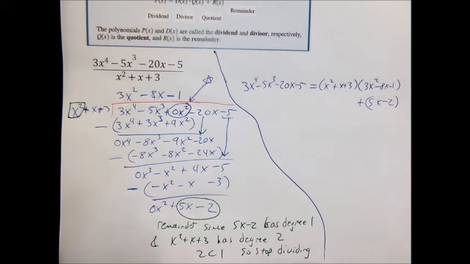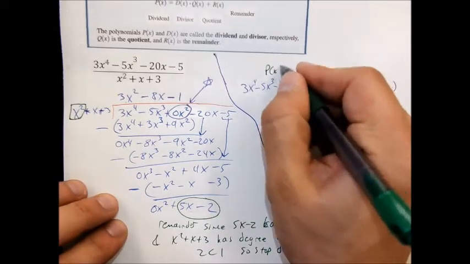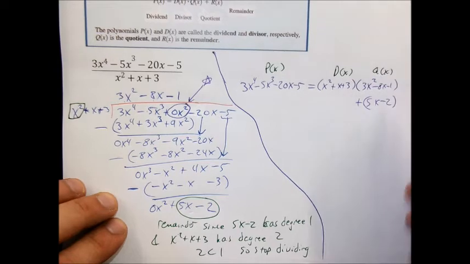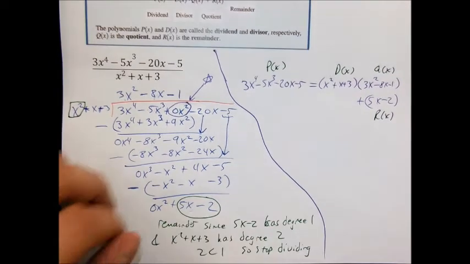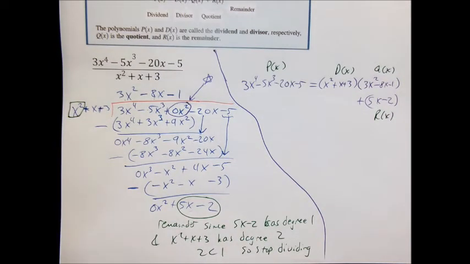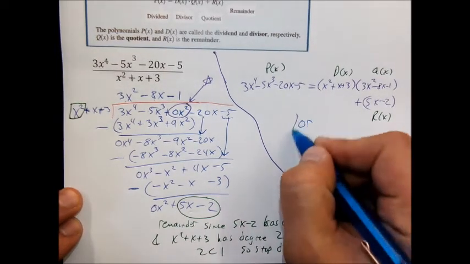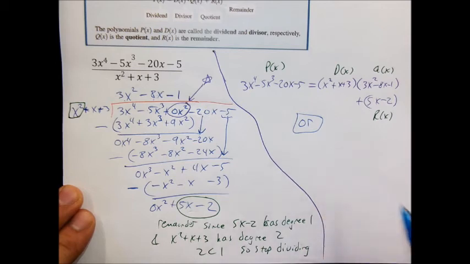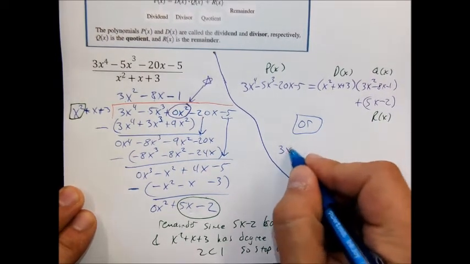That's what it says up in the box there, right? This is my p of x, d of x, q of x, and r of x. Or we can write it as a fraction in the other way. If we divide everything in this function by x squared plus x plus 3, we would get this.